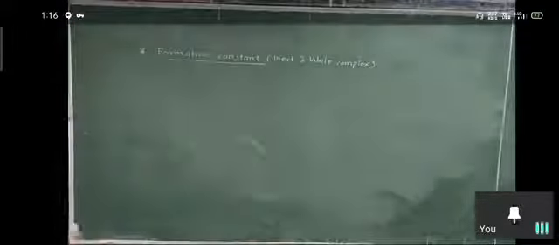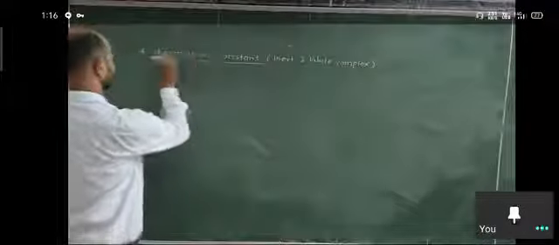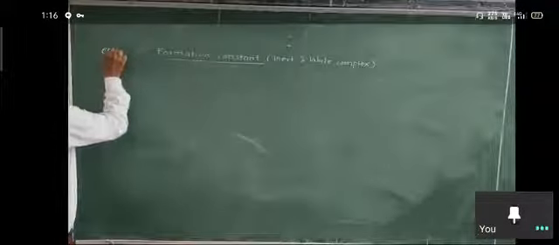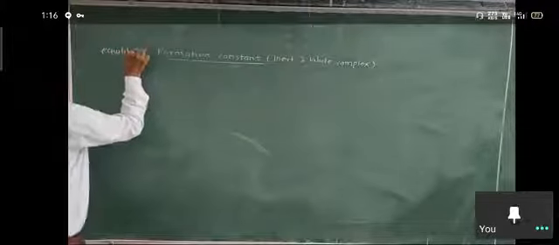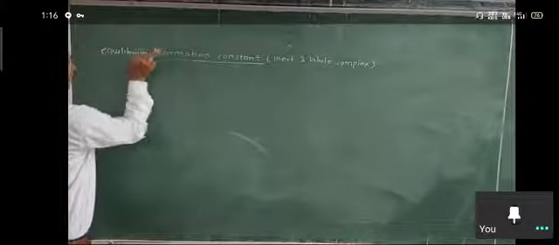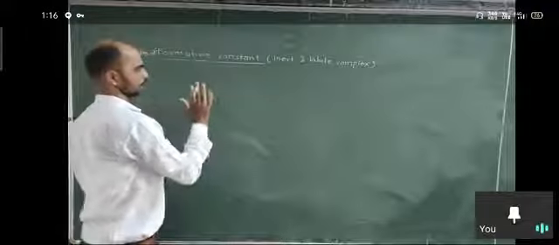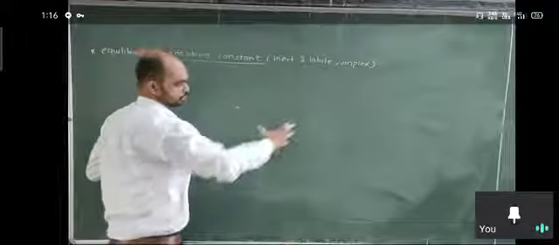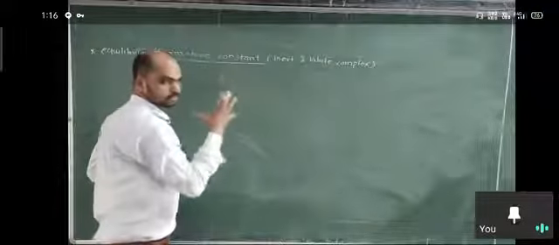So the equilibrium of formation, equilibrium of formation constant. So what is the equilibrium? Equilibrium means it reaches from the initial to the final. You know the equilibrium constant depends on the concentration of reactant and concentration of product.